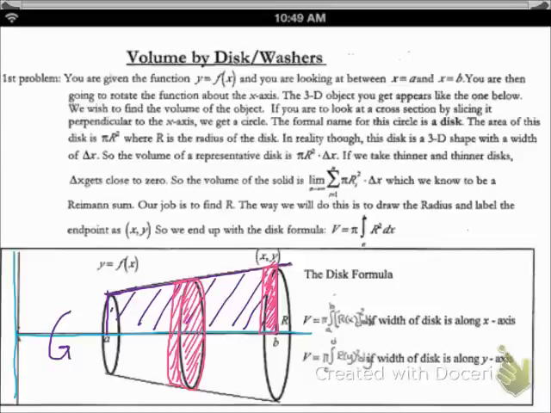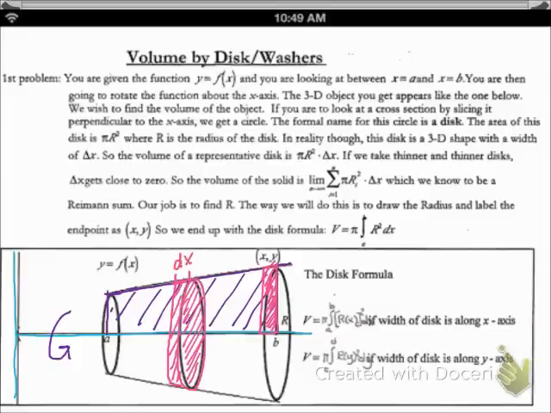Right, this right here, from here to here, that would be some sort of thickness. However thick or thin that you would want to make these cross-sections, we could set that up. Okay, and in fact, that thickness we can label as delta x or dx.